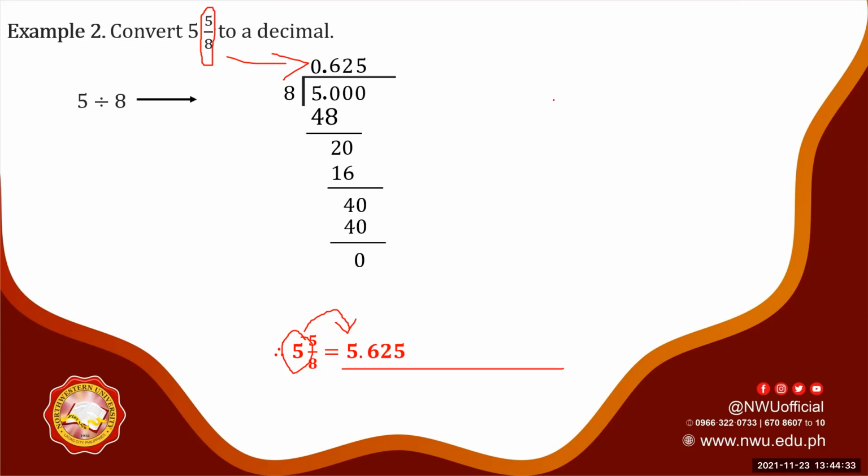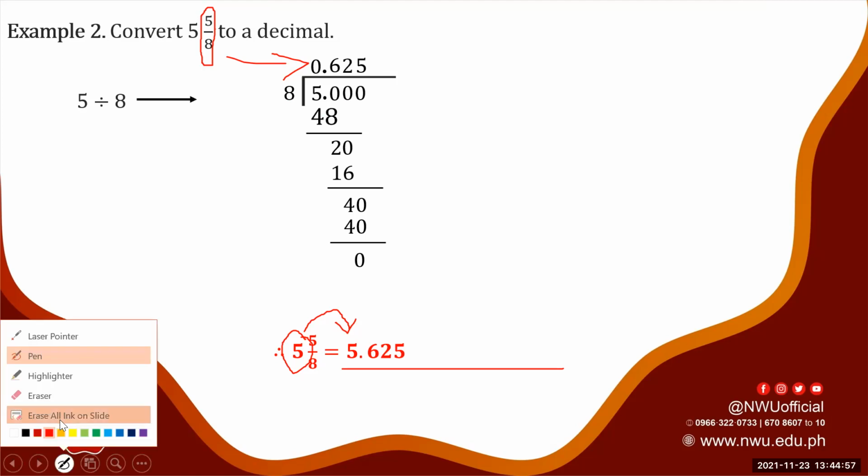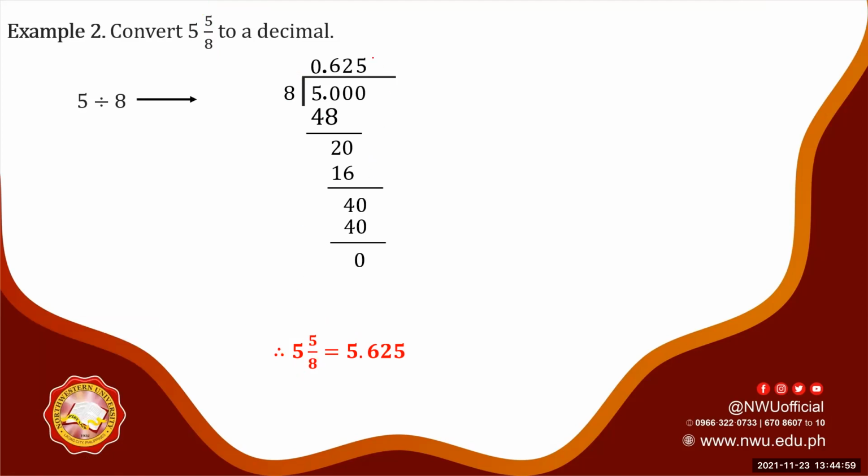Now, what you also need to consider is, what if the division continues and you will not be able to come up with the remainder 0, but the answer keeps continuing? Then you can stop at 3 decimal places.